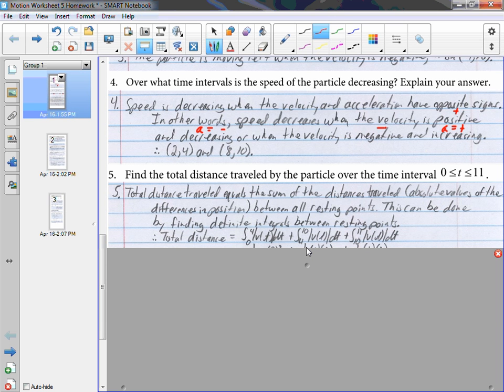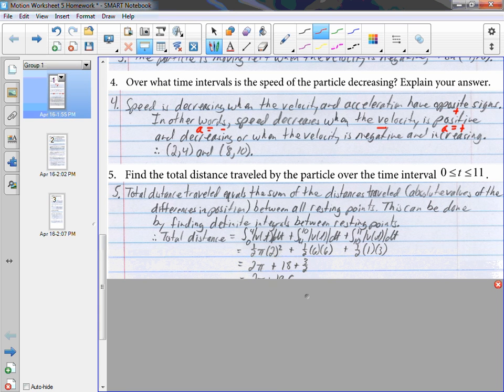No. All right? And then from 4 to 10, the velocity is negative. Do I need the absolute value signs around it now? Yes. And then from 10 to 11, the velocity is positive again. Do I need the absolute value signs around it there? No. So why did I put it everywhere? Remind myself and to let the graders know that I know. Okay? Just because it's not necessary doesn't mean that it's not a little bit of an explanation.